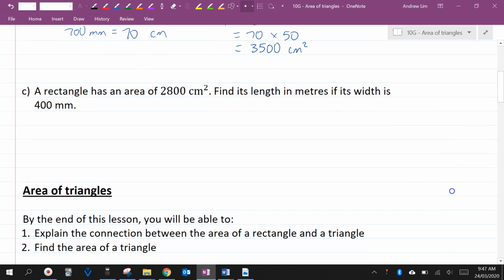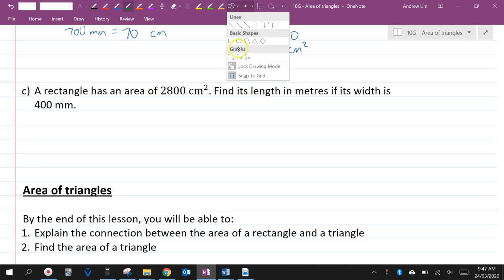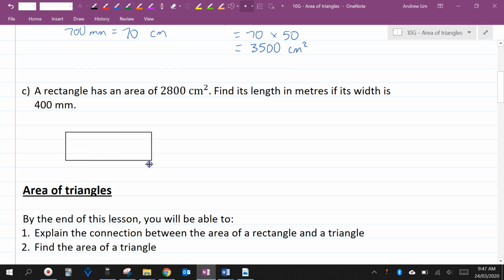Okay, and last one. A rectangle has an area of 2,800 square centimeters. Find its length in meters if its width is 400 millimeters. So let's draw this out. Okay, so we know the area is 2,800 square centimeters.